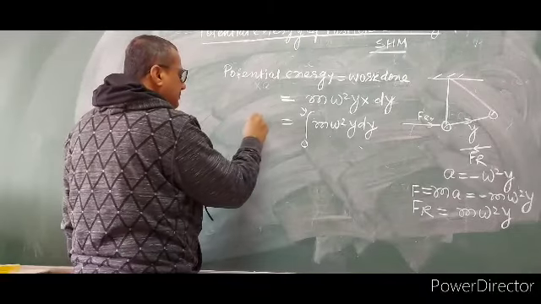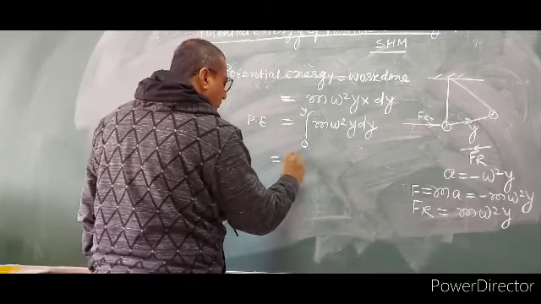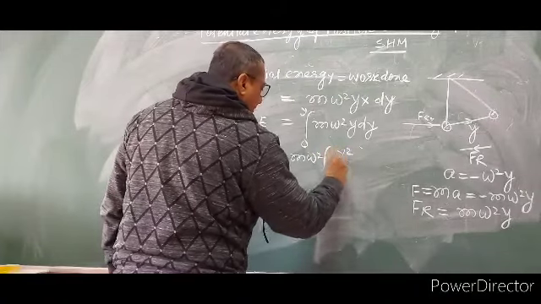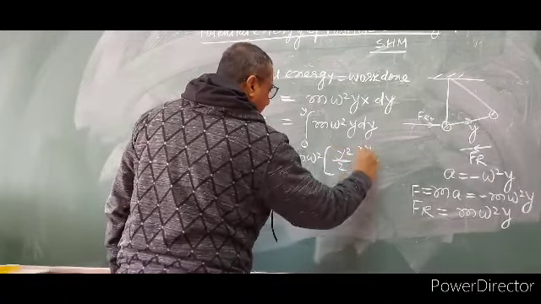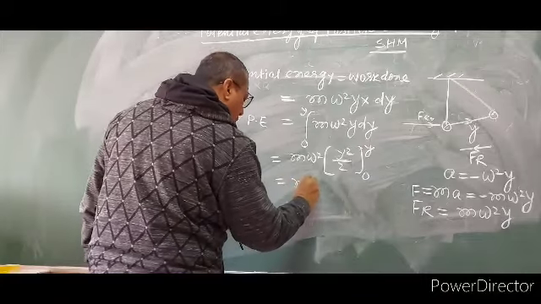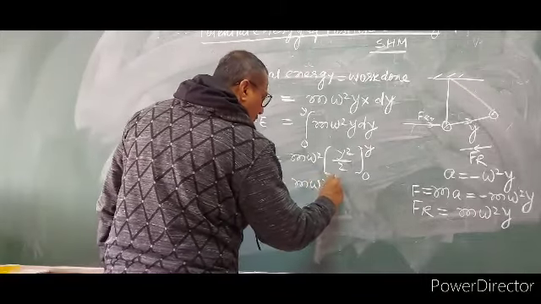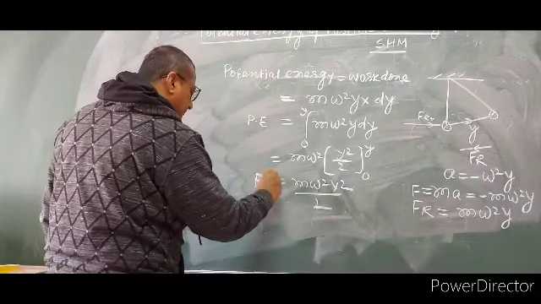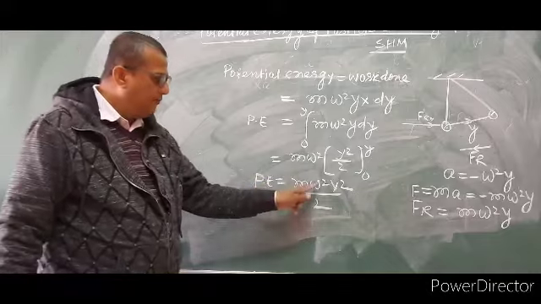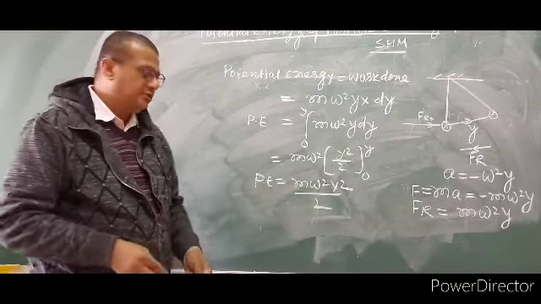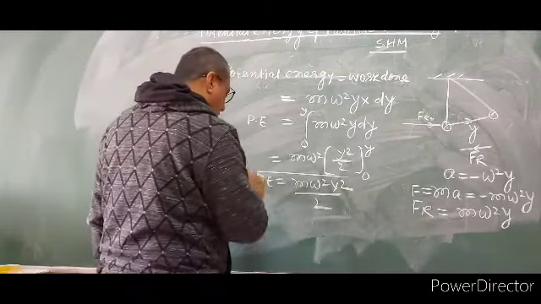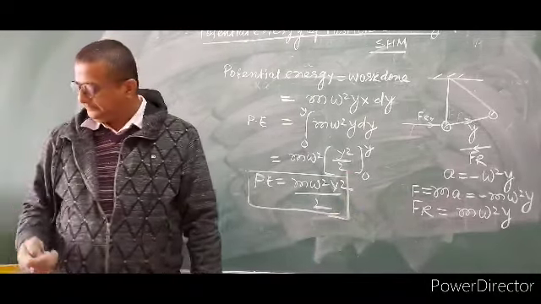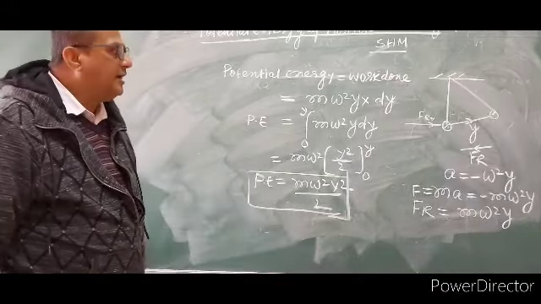Potential energy equals m omega square, which is common, times y dy, giving y square by 2 from 0 to y. That equals m omega square y square divided by 2, that is, half m omega square y square. This is the potential energy of a particle executing in SHM.